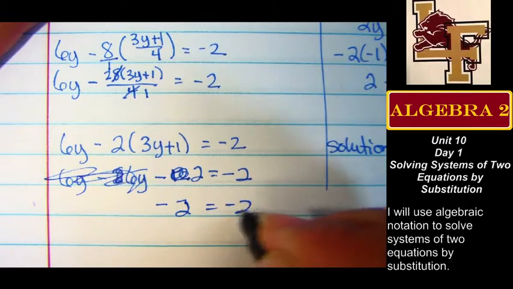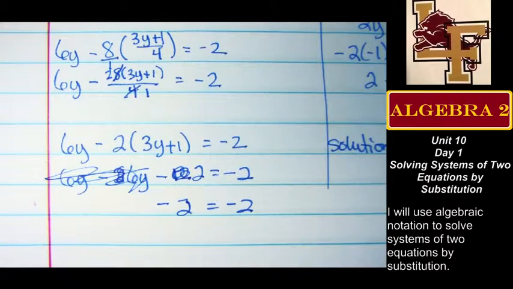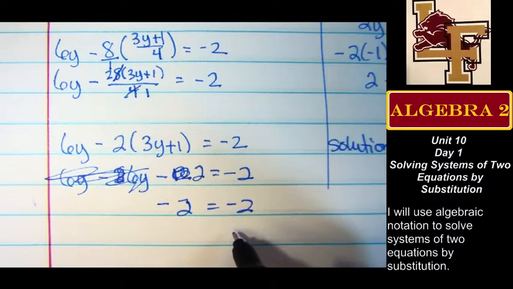So it's just negative 2 equals negative. There's no more variables. The variables are gone, and these two numbers agree.